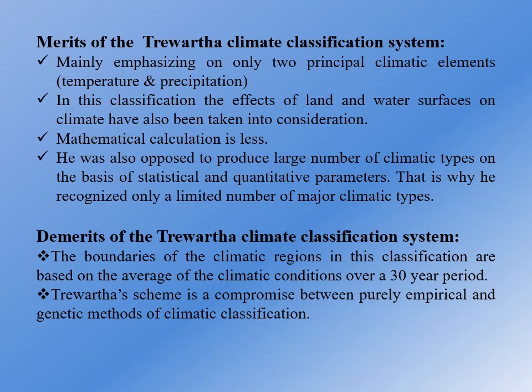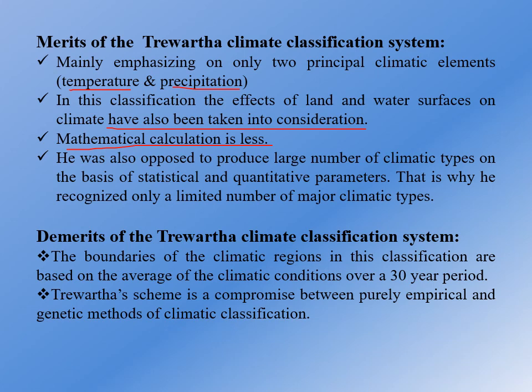In this classification scheme, the effects of land and water surfaces on climate have also been taken into consideration. Mathematical calculation in this classification scheme is very little or almost negligible. So people found it very easy to classify the different climatic systems of the world.